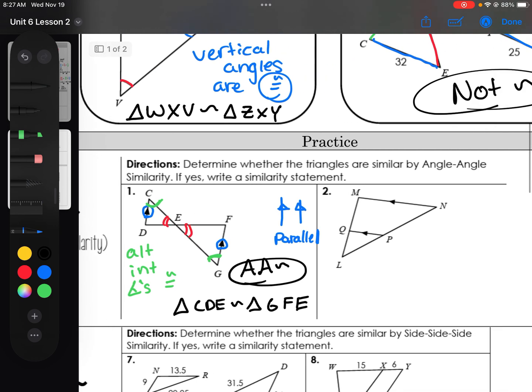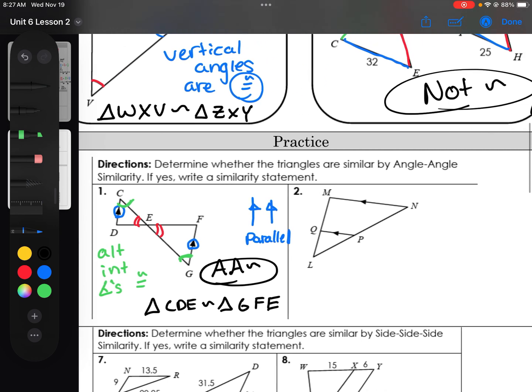Okay? On number 2, we still have angle similarity, but we need to see how. Okay, so angle L is congruent to itself. When something is congruent to itself, that is known as the reflexive property. Okay, we also have another pair of parallel lines you can see with the little triangles that are marked.